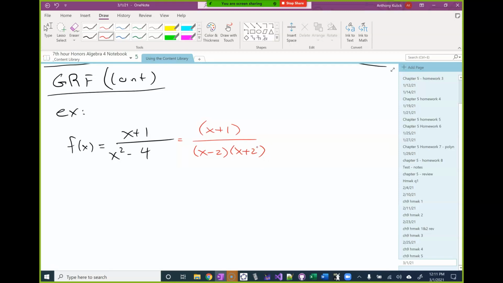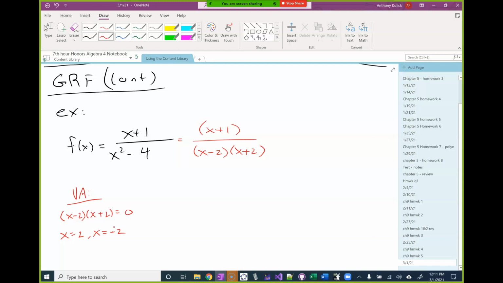But I do need to check, just in case. Okay. So I will start by finding my vertical asymptotes. I do that by setting the denominator equal to 0 and solving. So I get 2 vertical asymptotes at -2 and +2.